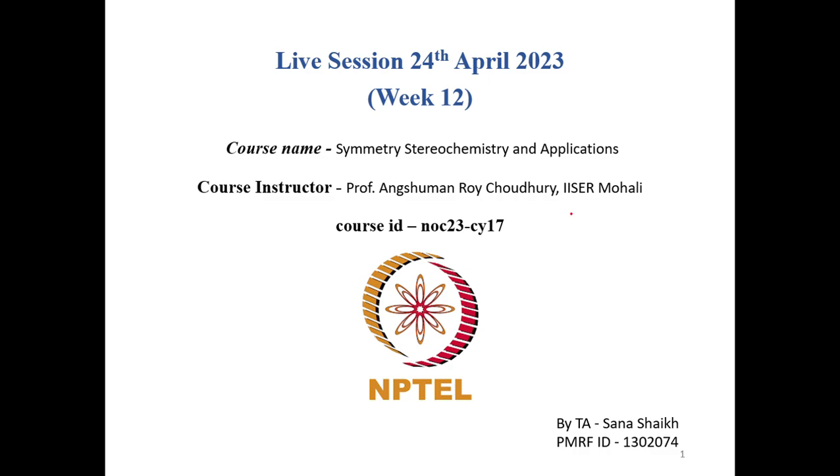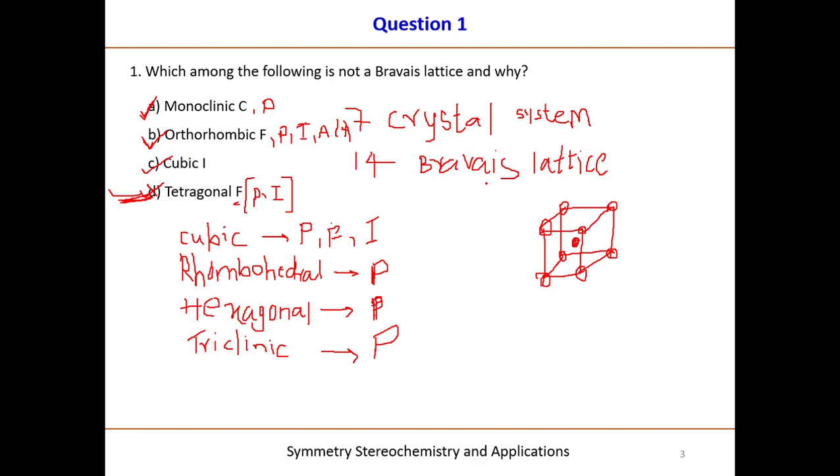In this session we have discussed the previous year assignment questions, which contain four different types of questions. In question number 1, we discussed which is not a Bravais lattice and which one is a Bravais lattice.